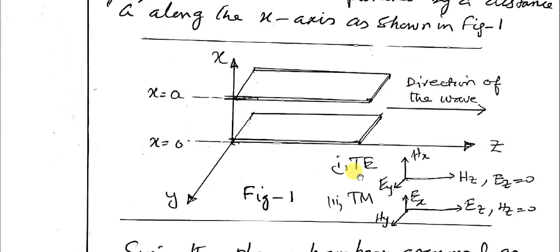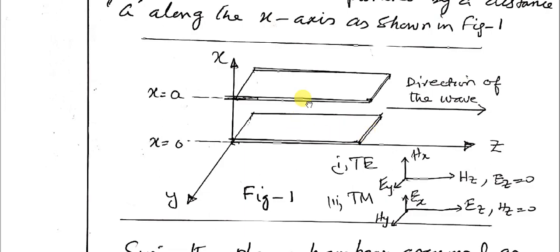Here we have two conducting planes. This is one plane which has infinite conductivity, and this is the second plane.